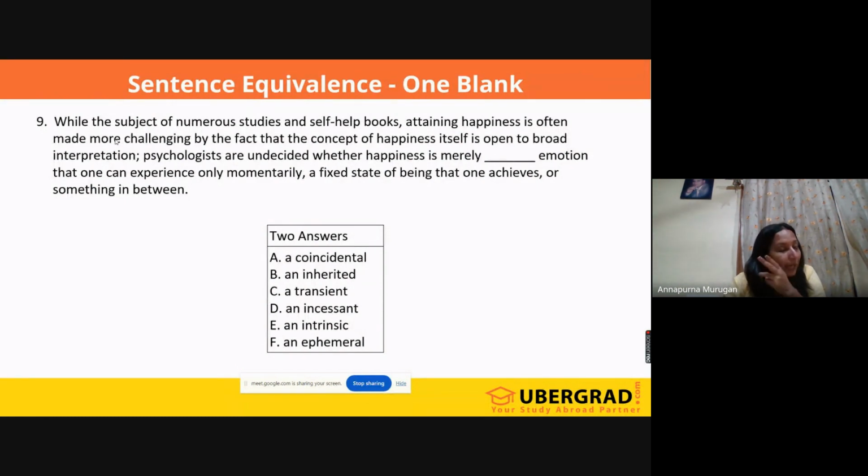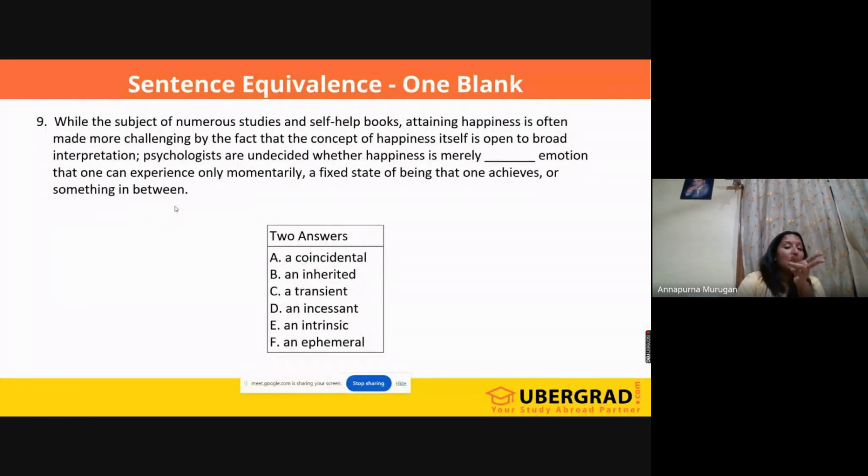But now we have psychologists. Psychologists are undecided whether happiness is merely dash emotion that one can experience only momentarily, or a fixed state of being that one achieves, or something in between.